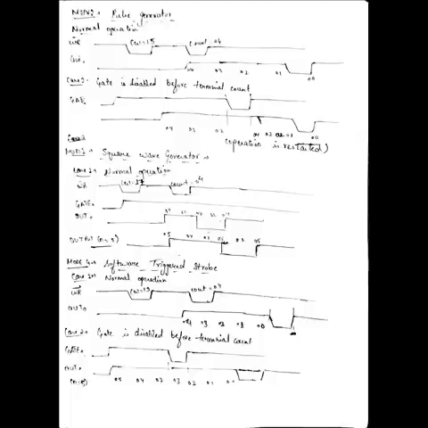The case 2 which needs to be discussed is when the gate is disabled before terminal count. As we know, the gate is a hardware input which we give externally. So if we disable it before the terminal count is reached, that is, during its counting operation, what would happen?